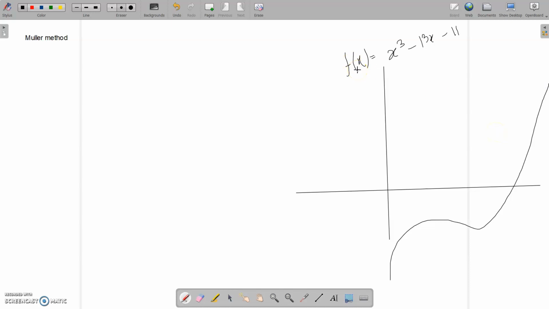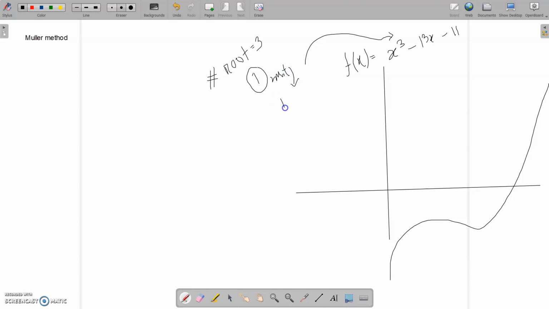I want to find the root of this polynomial. It has order 3, so you can understand that the number of roots it has is equal to 3. Since the order is odd, one root among them must be a real root.